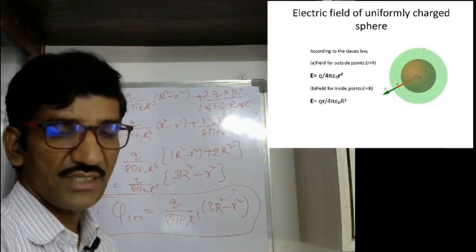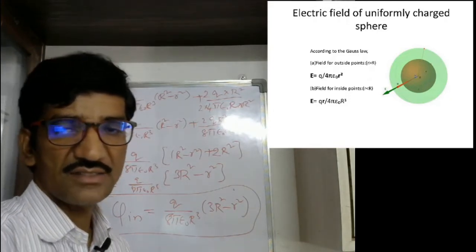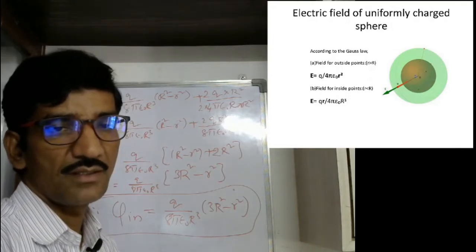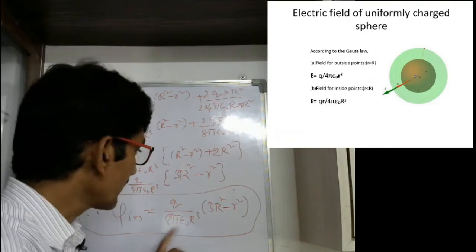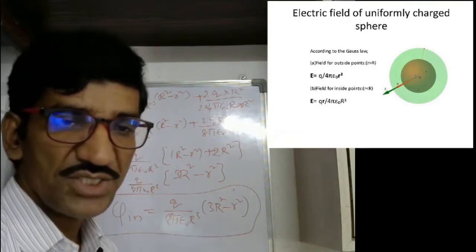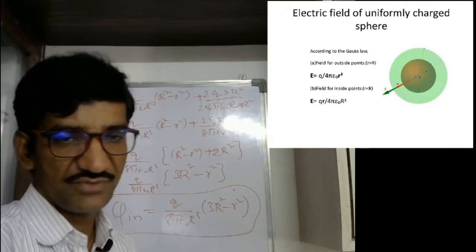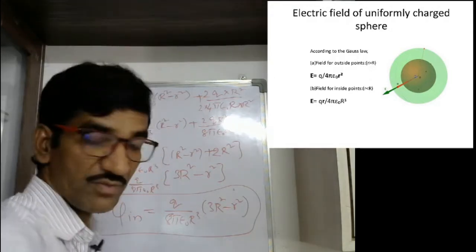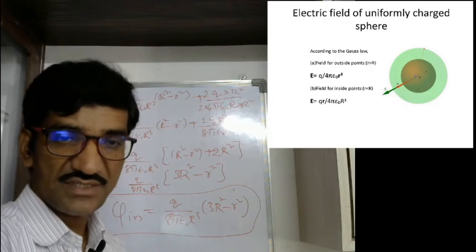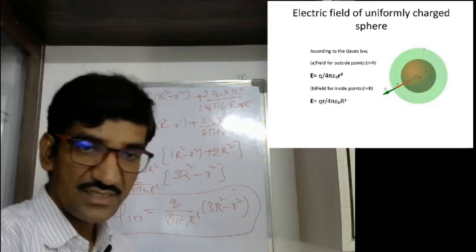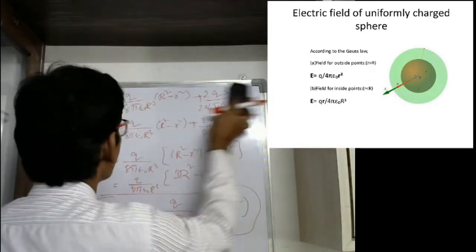We already calculated the potential on the surface of the uniformly charged sphere. Here, whenever you make small r equal to capital R, then you reach the surface. Then this has to give the potential on the surface. If this answer and the previous answer are correct, this expression is correct.